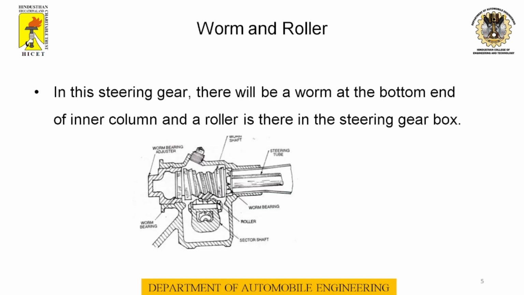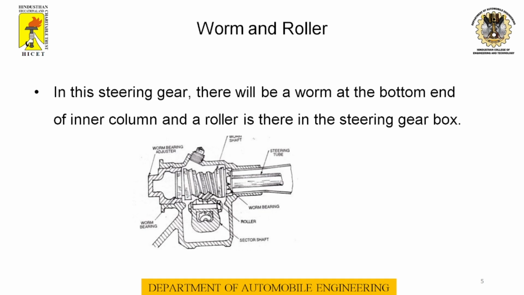The next type we are going to see is the worm and roller steering gear. In this steering there will be a worm at the bottom end of the inner column and a roller in the steering gearbox. When the worm rotates, the roller which is attached to it also rotates.